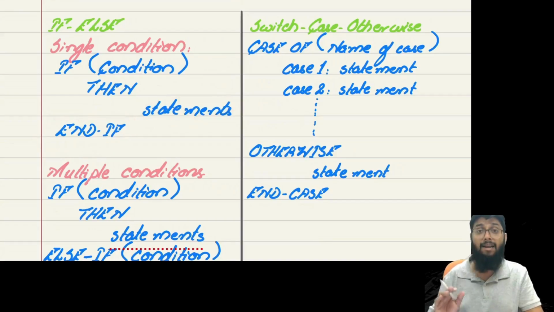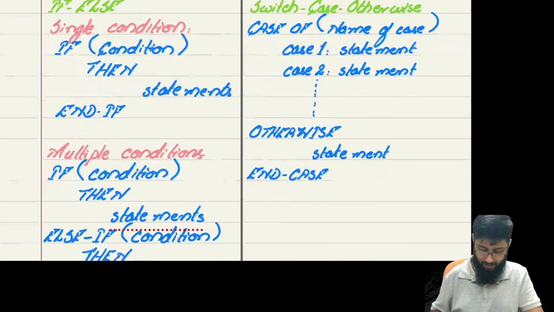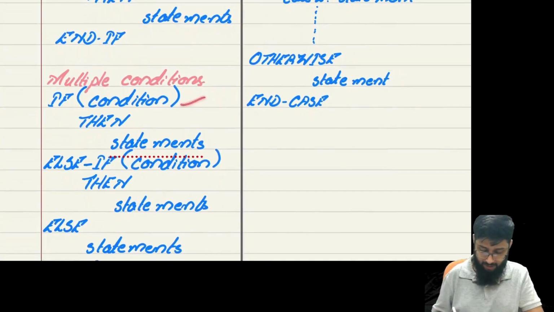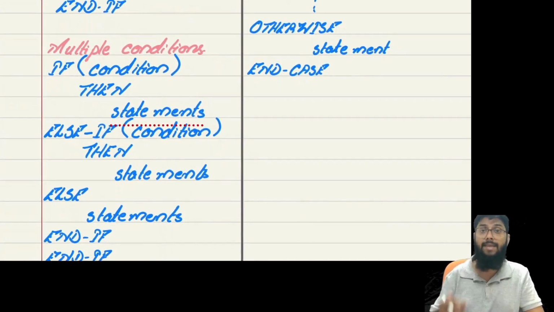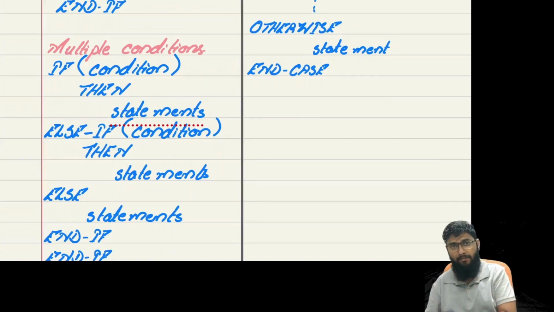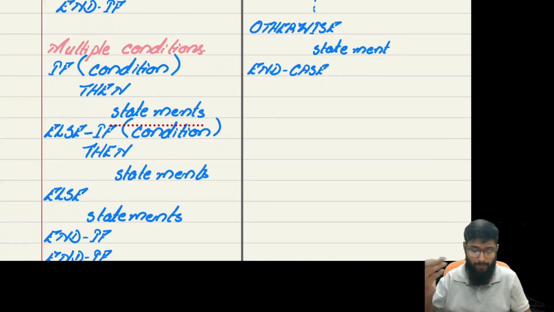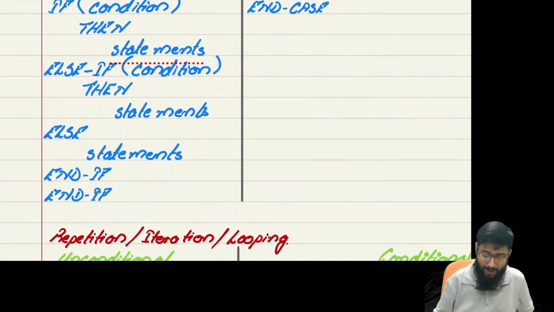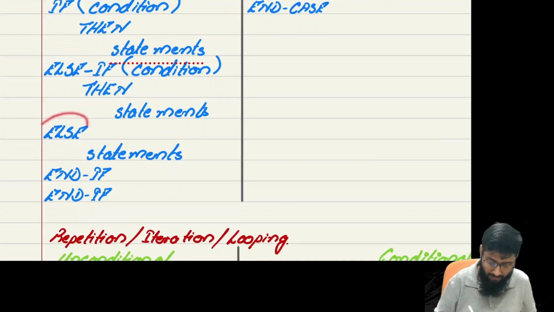But if you have multiple of them, then if condition then statements, and for the second one we will have else if. Else if can be applied multiple times. It's not necessary to be 10 or 20, it can be 100 or 1000 times as well. Finally, whatever the final condition is, we have else over here.